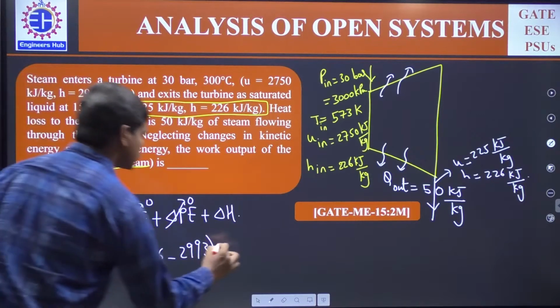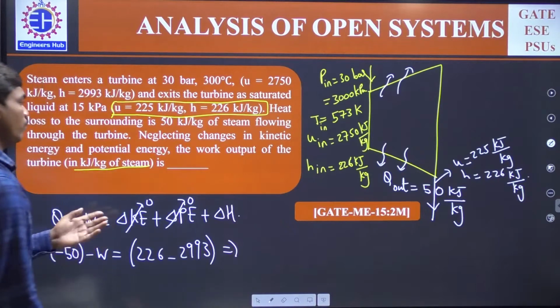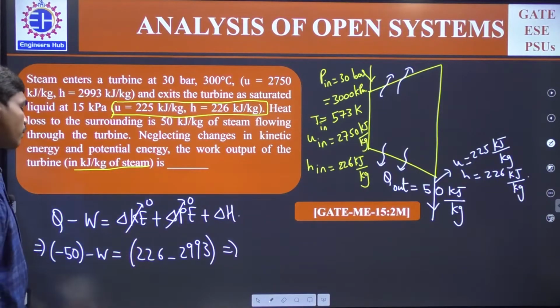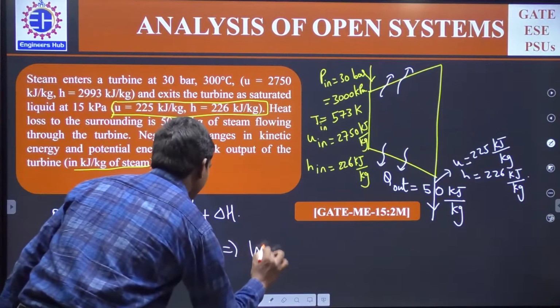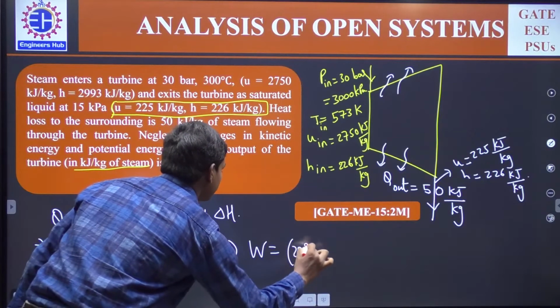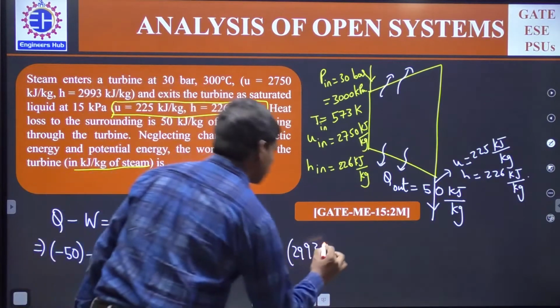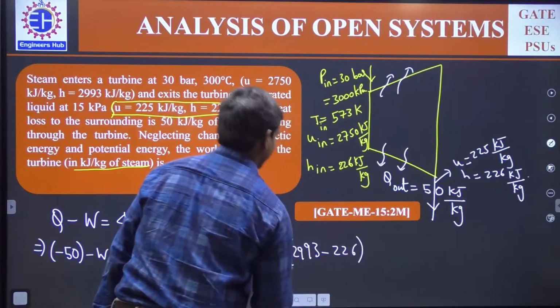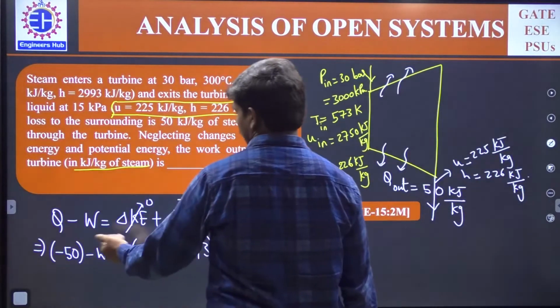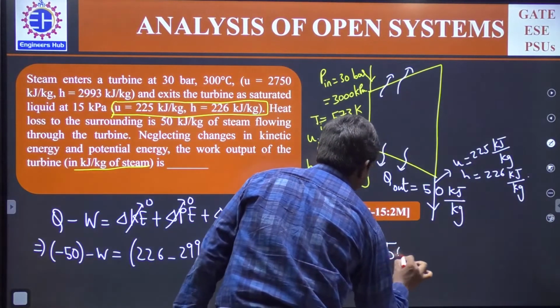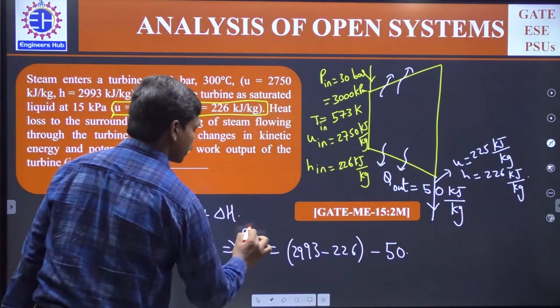So if you see the values, work output by the turbine. So let us shift this W here and this value here. So W is equal to 2993 minus 226 minus 50. So this is the value. You can calculate and tell me this.